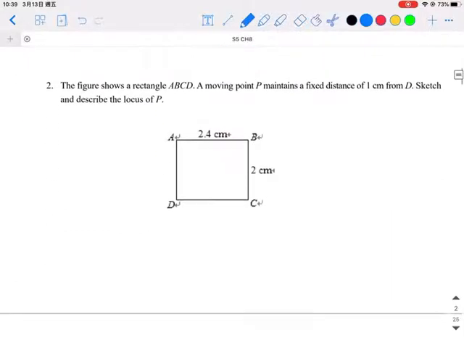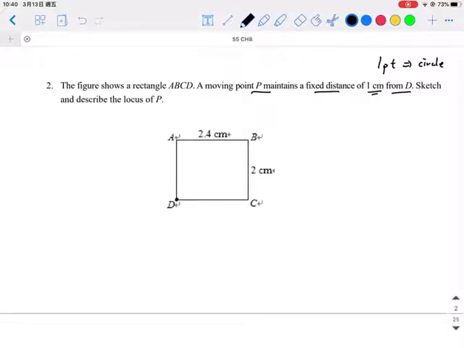For question number 2, the figure shows the rectangle ABCD, a moving point P at a fixed distance from D, so it's 1 point only. So it should be a circle. Sketch and describe the locus. D will become the center, and 1 cm is the radius.